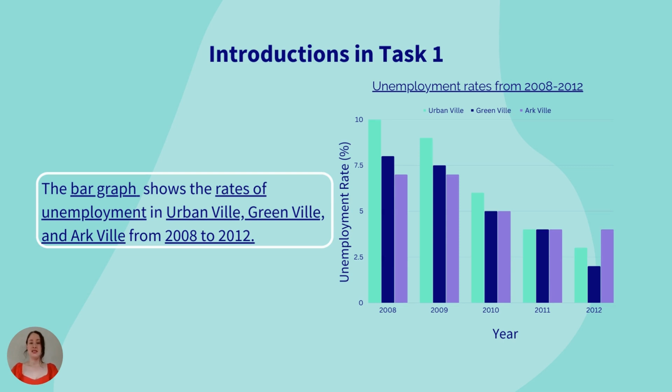Now, since the introduction is so short, you might be thinking about how we can work on improving our introductions. We will look at how to improve your introduction next.